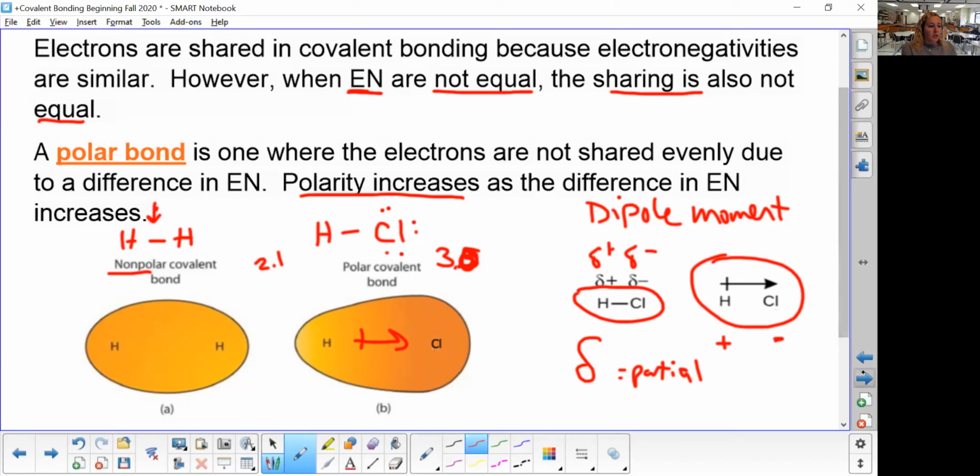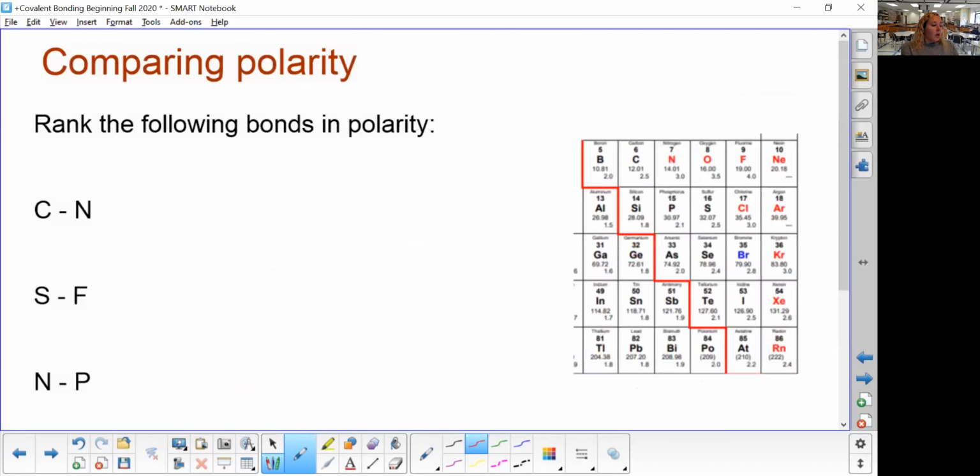Okay, so you can compare the polarity of different bonds just by looking at electronegativity values. If we were to figure out a carbon-nitrogen bond, carbon has an electronegativity value of 2.5, nitrogen 3.0, that's a difference of 0.5, okay?